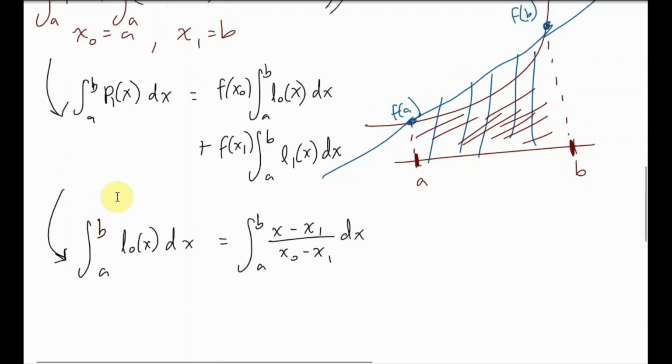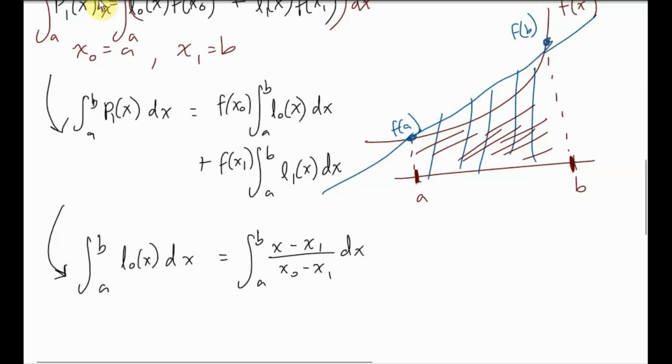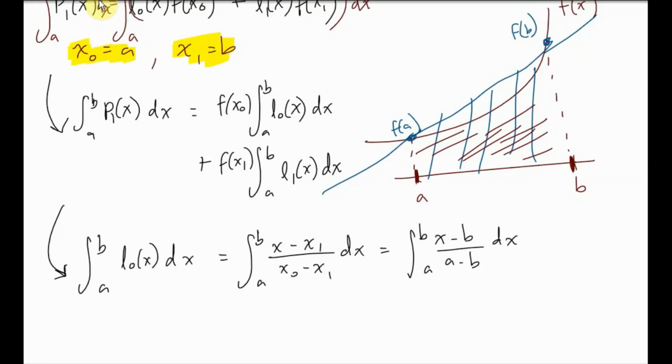If you remember, we took x naught to be equal to a and x1 to be equal to b. So let's substitute that in: x minus b divided by a minus b dx.